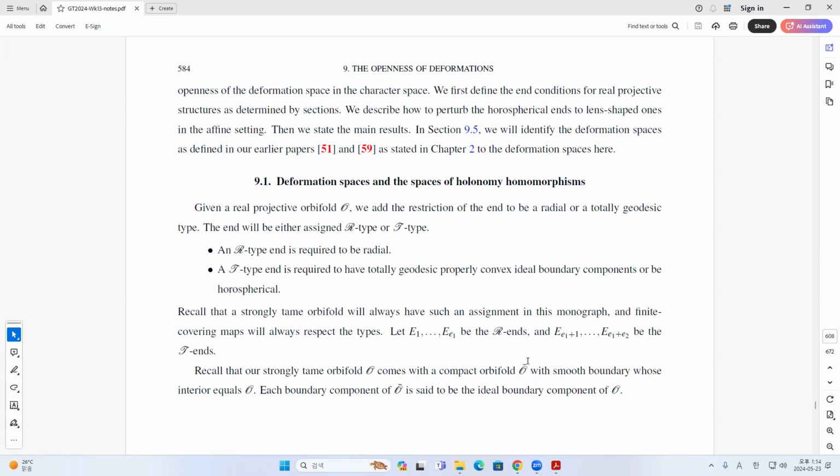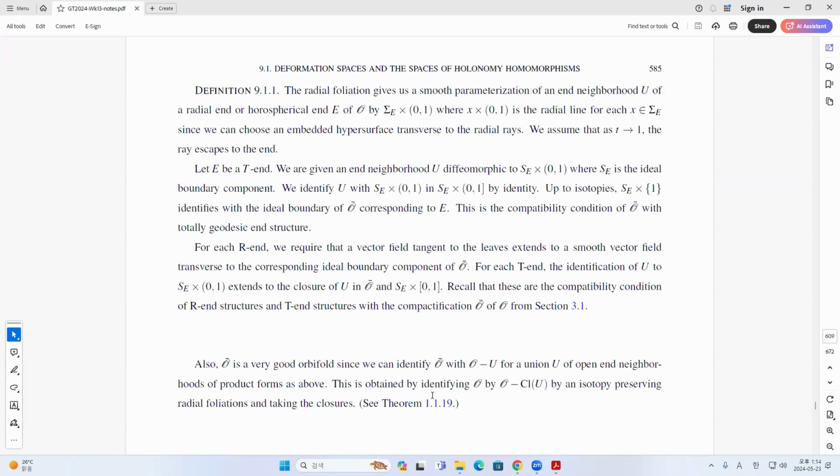So we will always give some compact orbifold with smooth boundary whose interior is O. Actually there might be more than one compactification, but we will fix one of these, O bar, when we give O. So the radial foliation, we recall, for the radial or horospherical end is a radial line, with parameterization by sigma times 0,1.